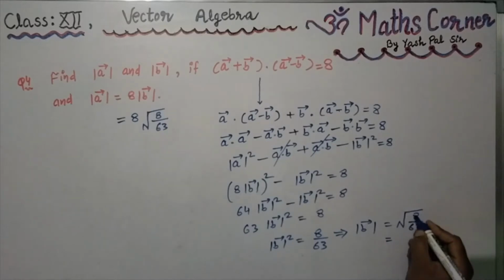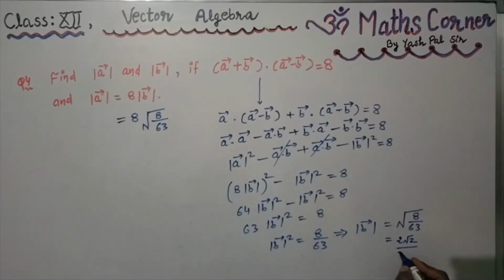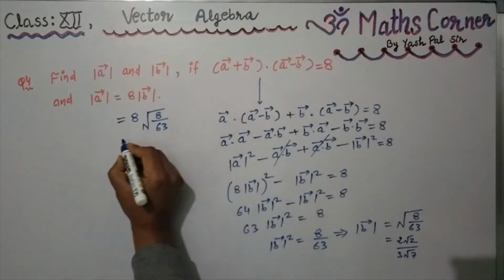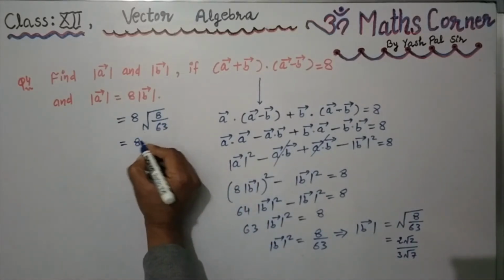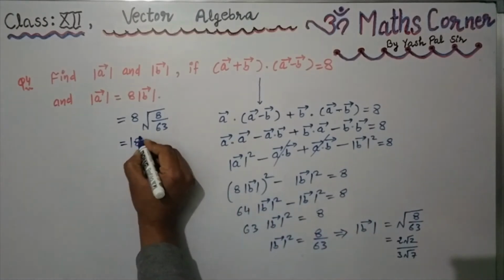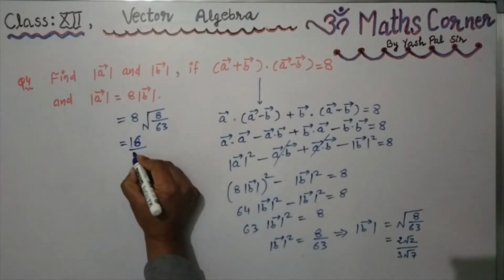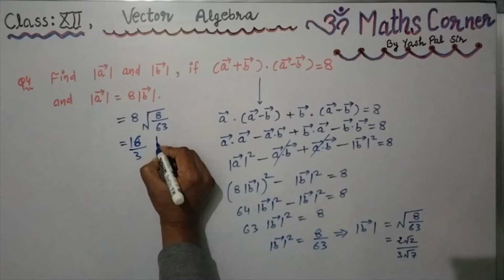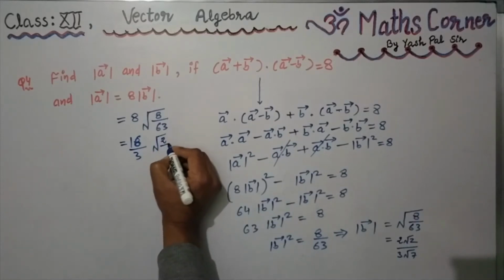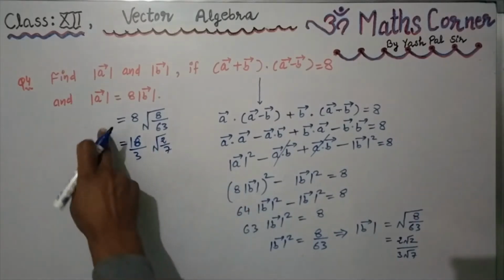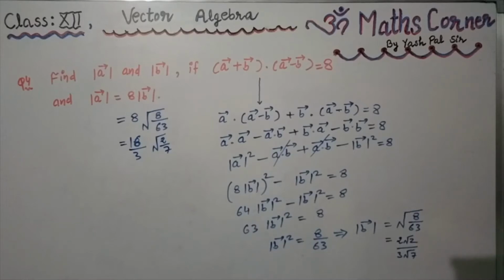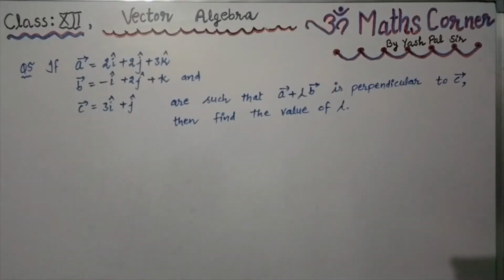Here we can also write square root of 8 as 2 square root 2, and 63 is 9 into 7, that is 3 into square root of 7. So we can substitute this value: 8 into 2 is 16 divided by 3 into square root of 2 upon 7. So this is the required result.